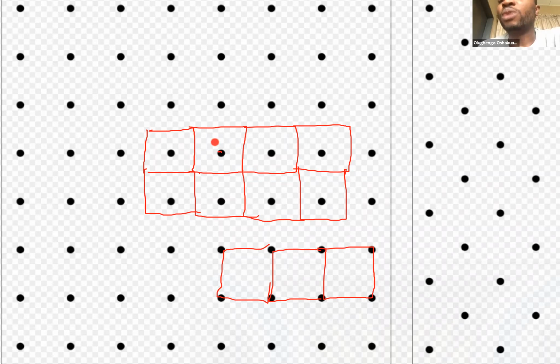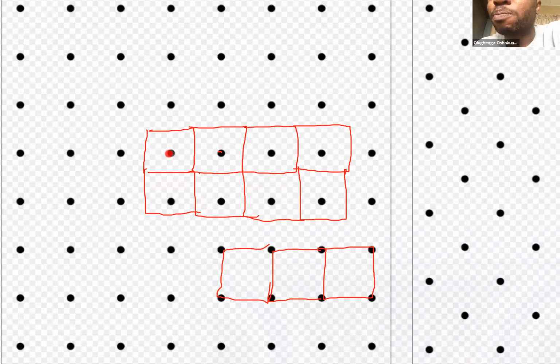And so a Wigner-Seitz cell can be said to be a unit cell, so that every point within this cell is closer to this point than any other points in this lattice, or this array of lattices.